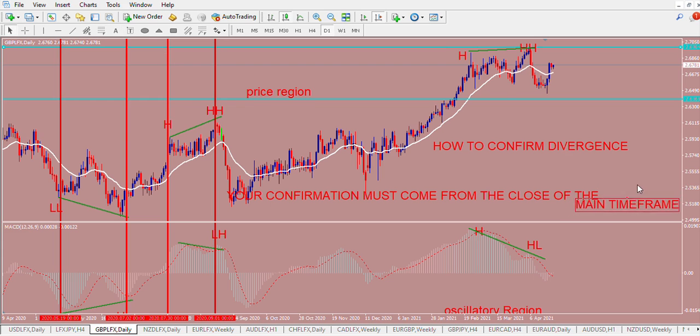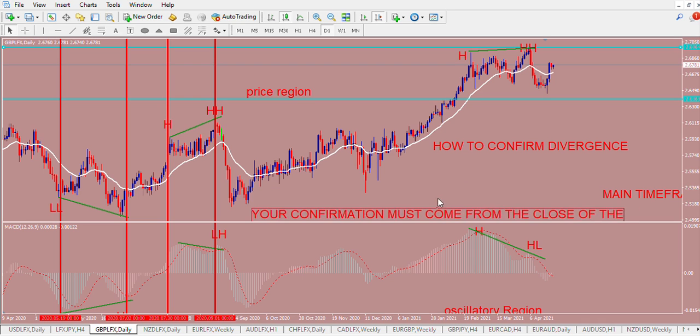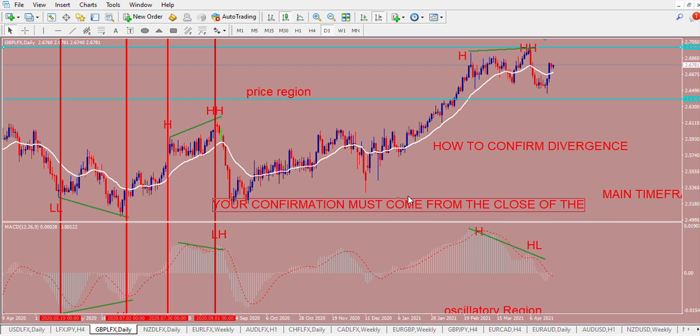Your confirmation must come from that zone. If it's not from the close, then you do not have a confirmed divergence yet. You are just having a normal divergence. It is a confirmed divergence that will make price reverse, and not just an ordinary divergence.